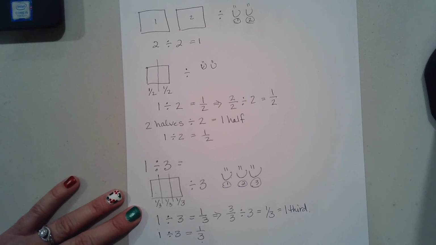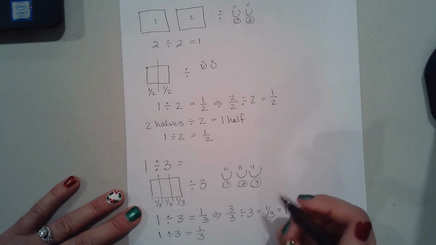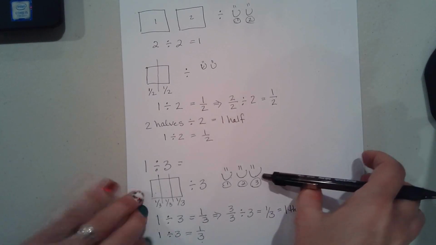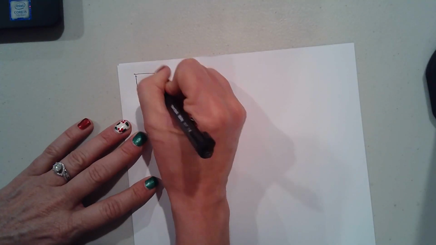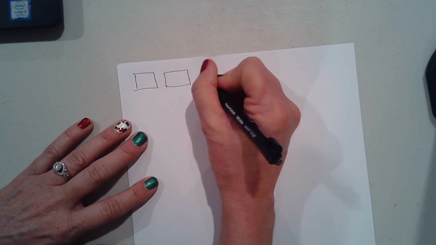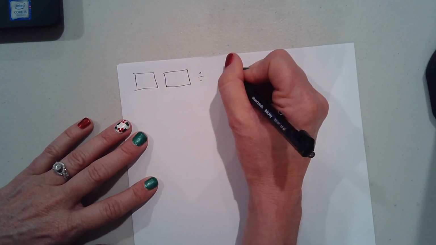Okay, so we just divided 1 by 3, but what if we did 2 crackers divided by 3 people? Let's do 2 crackers divided by 3.